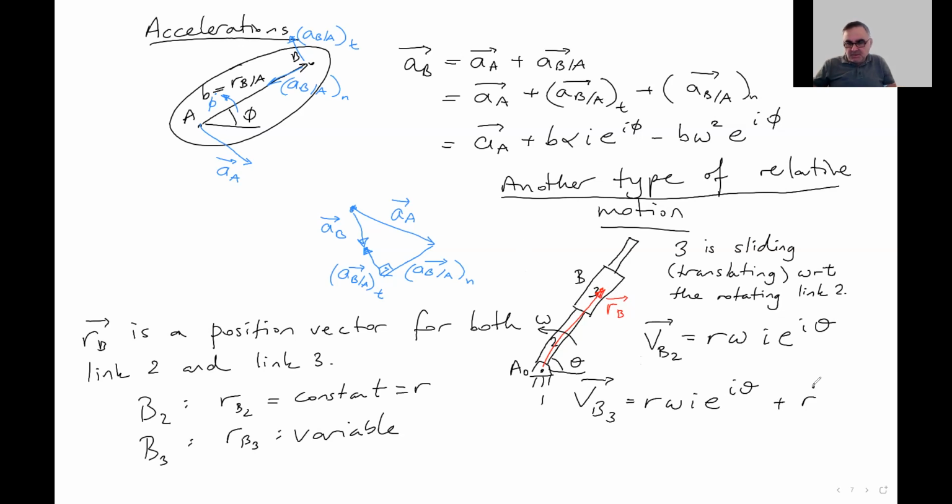So it is R dot e to the i theta. In a way, I can draw it.